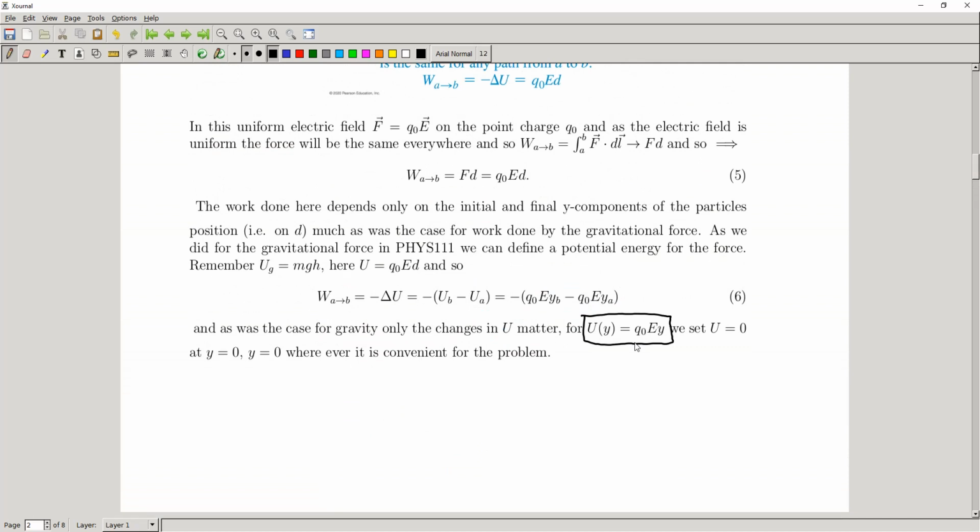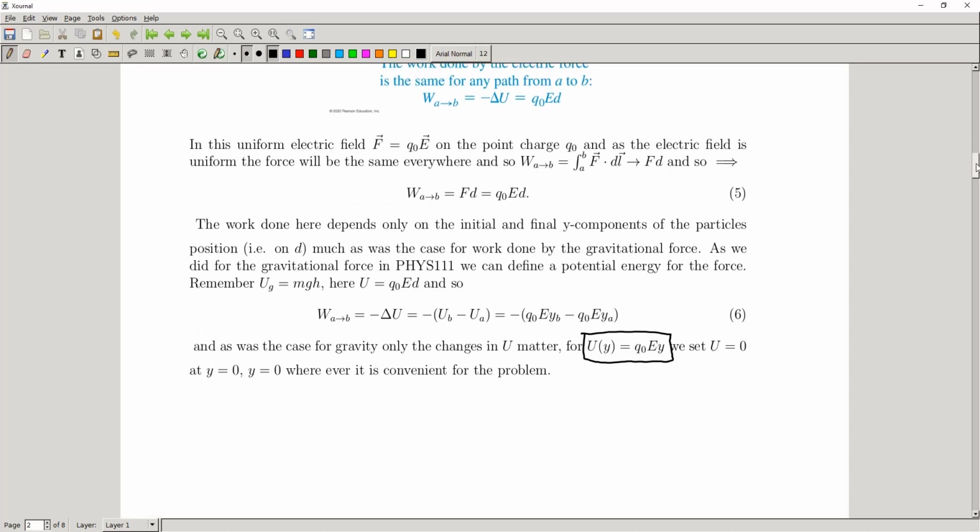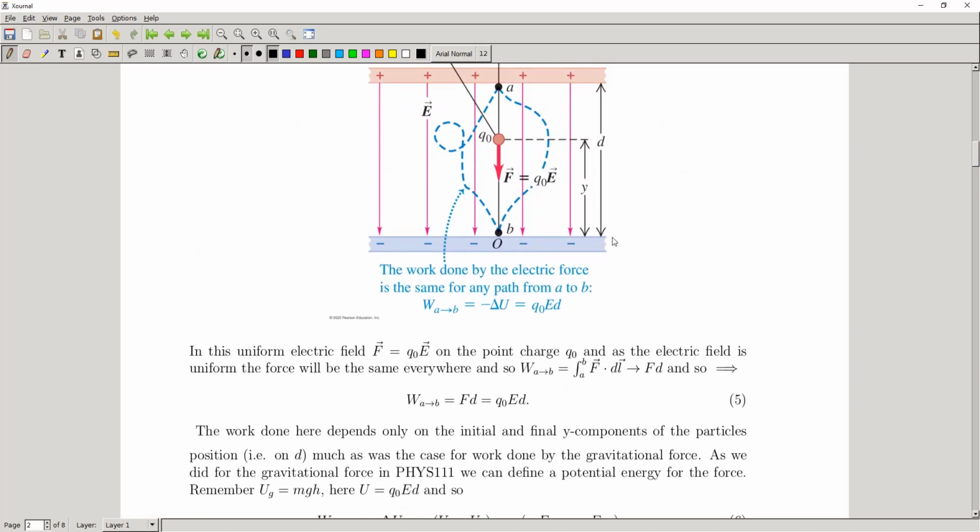This is a pretty important equation, and this wouldn't always have to be a y, right? It would depend on how we set up our coordinate system. So this could be any sort of coordinate, but it only really depends on the distance away from, or in, this electric field that our particle is, right? And so we're going to find that in this case, like I mentioned above, we've set U equals 0 at y equals 0.